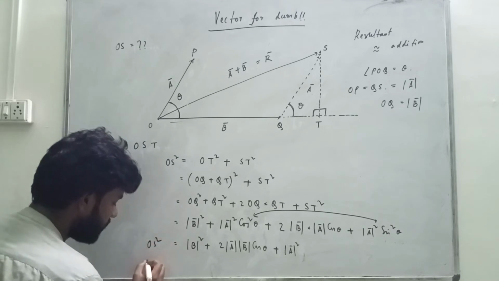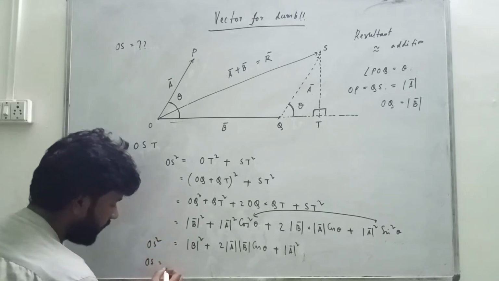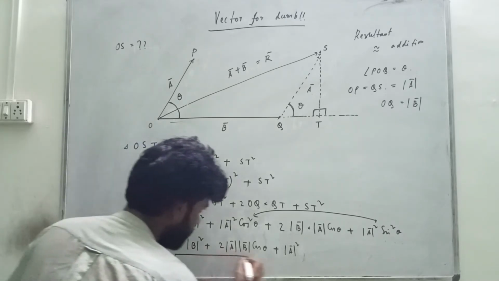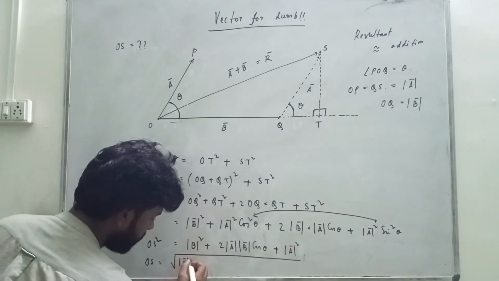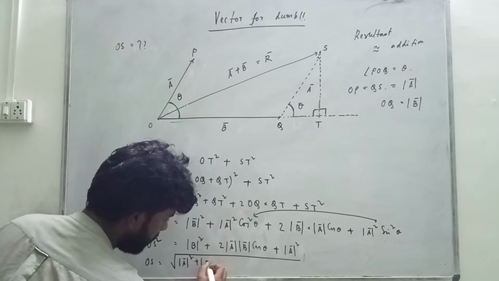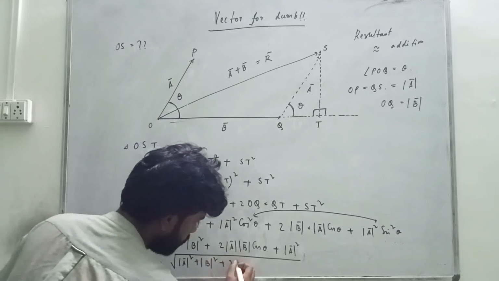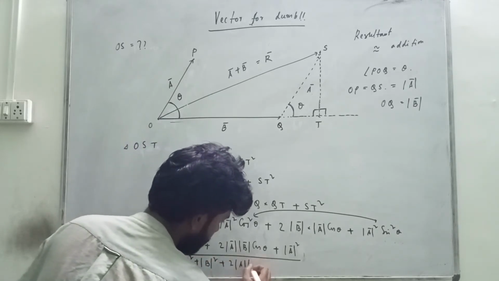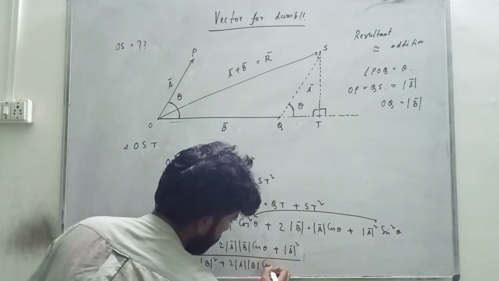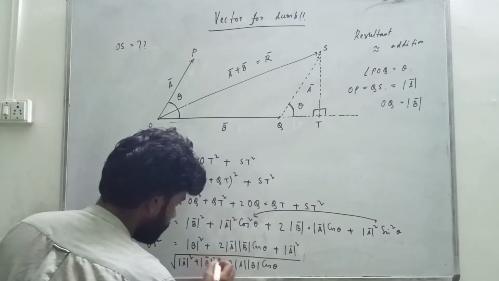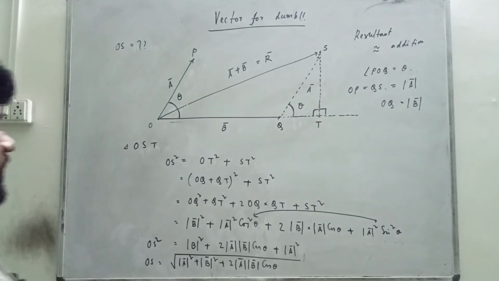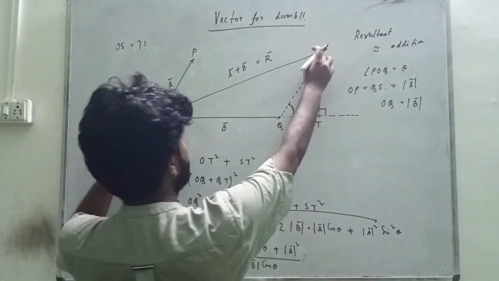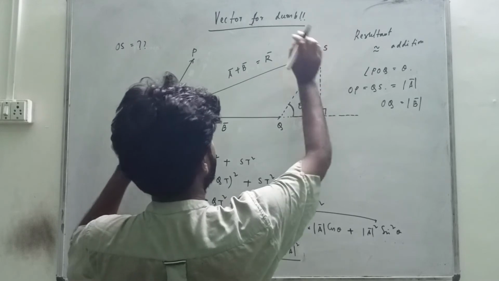So what will the OS be? The OS means simple root over A squared plus B squared plus 2AB cos theta, right? So it is our length of OS, I mean the length of the resultant vector, the length of the addition vector.